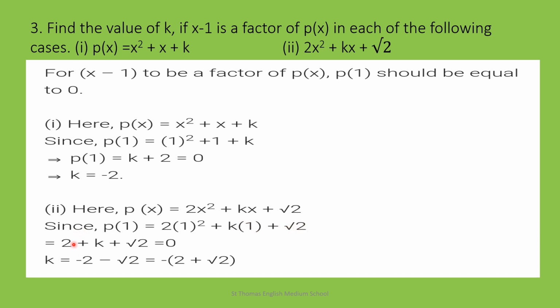You will have 2 plus k plus root 2 equal to 0. That is k equal to minus 2 minus root 2. You can take minus sign as common. So you will have minus of 2 plus root 2.